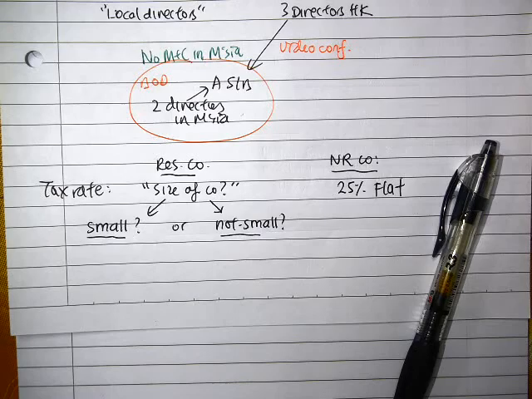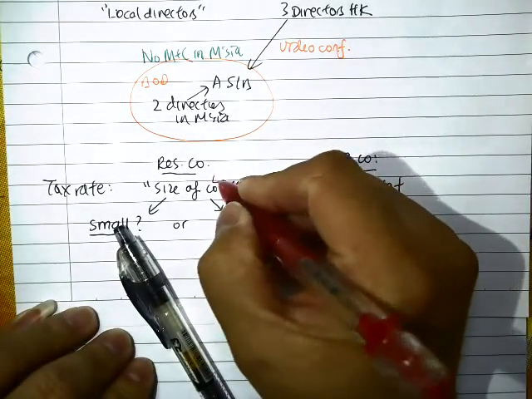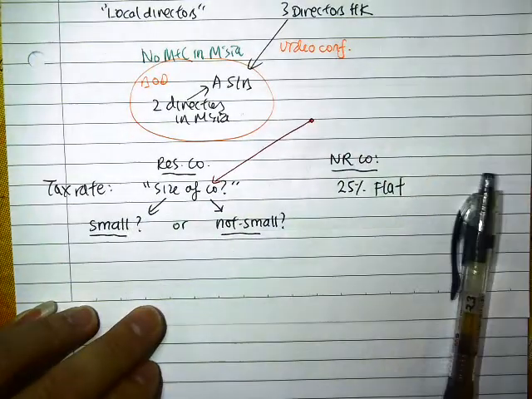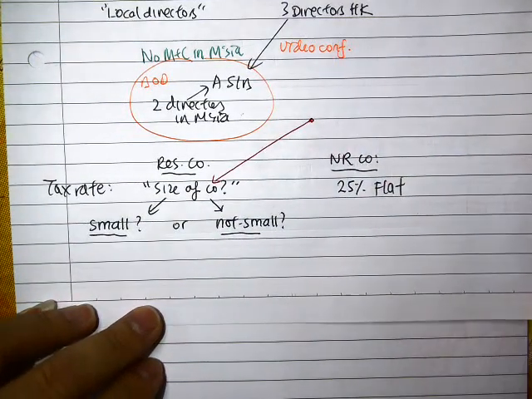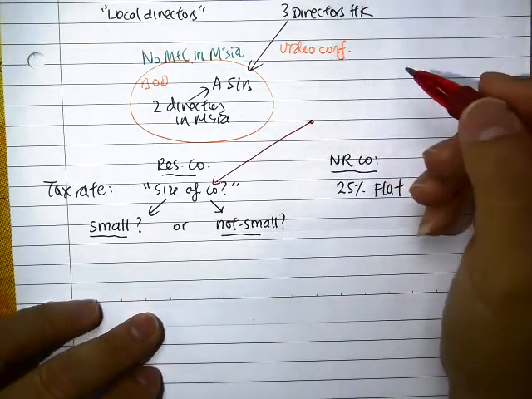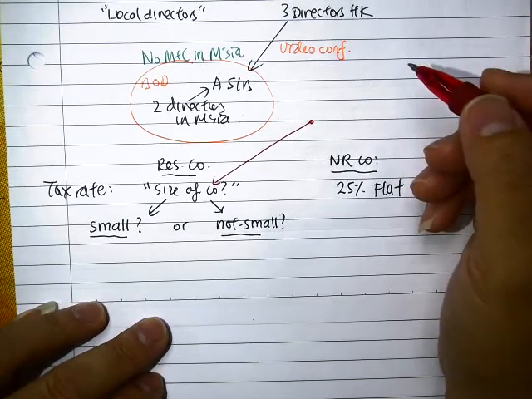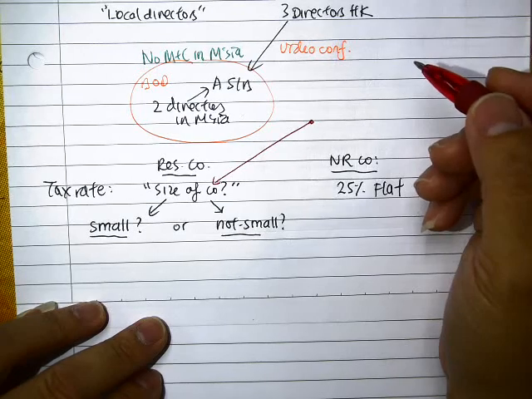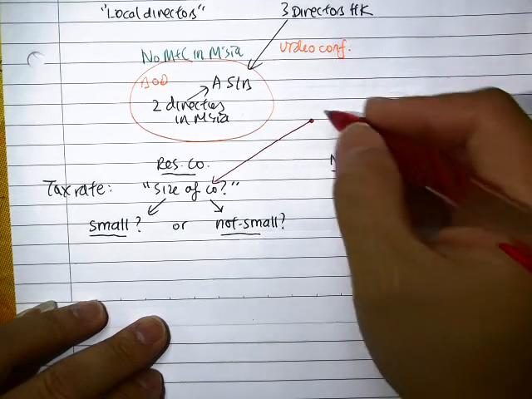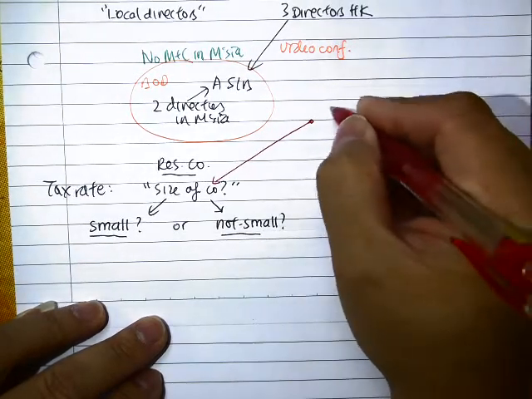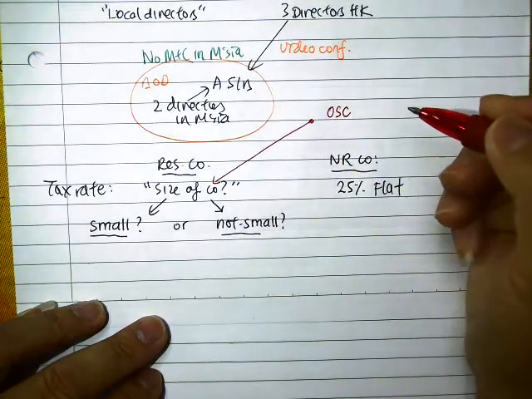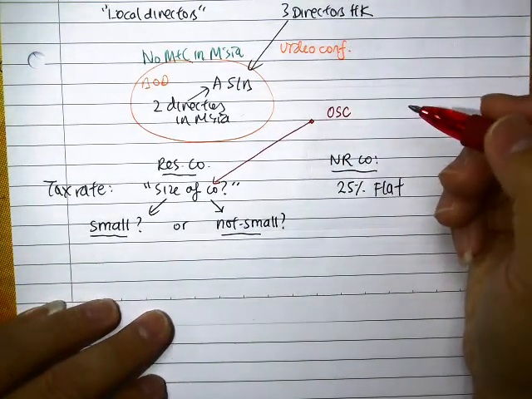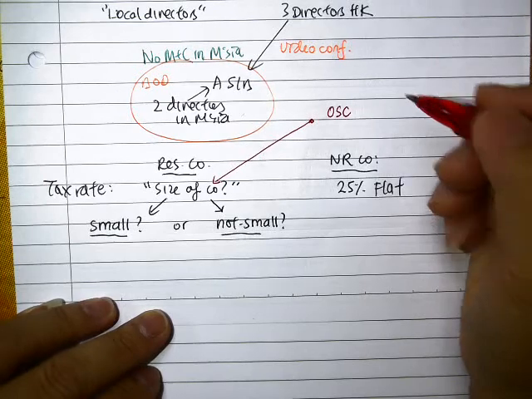You look at what? The capital, right? Okay? Now capital is not so correct. Give me the exact wording. What capital? Ordinary share capital. Okay, some more. That's all I need. Ordinary share only.